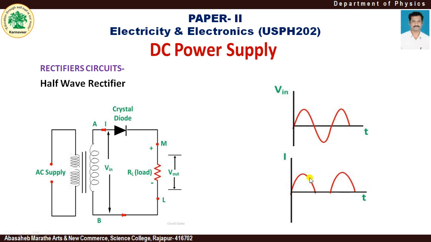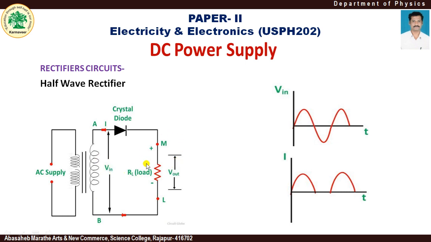And this waveform indicates the output voltage, which is measured across the points M, L, whereas this is the input voltage given between A and B.